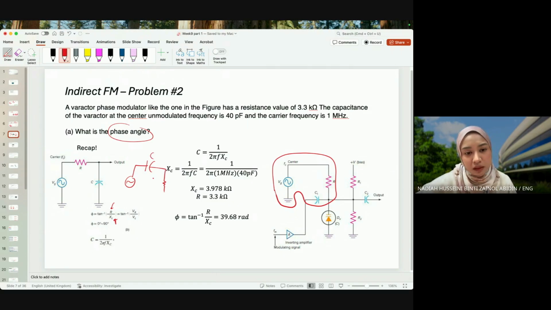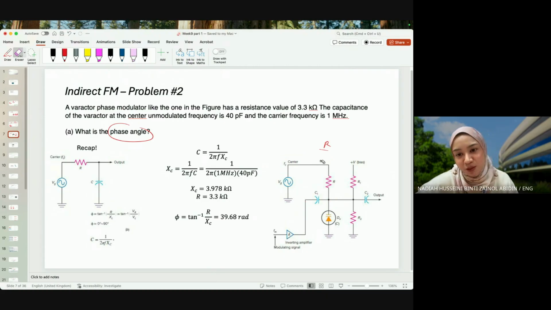In this circuit, you are meeting C and then R, so the equation would be inverse tangent XC over R. But in this case, we are meeting R and then C, so R over XC. That's just the way I memorize things. If that helps you, you can use that method as well, or otherwise you can derive it. I would prefer to memorize it.